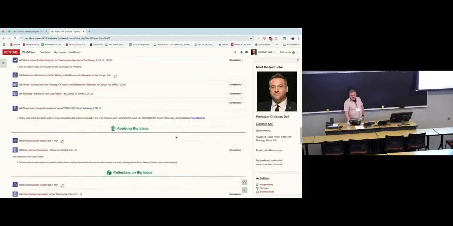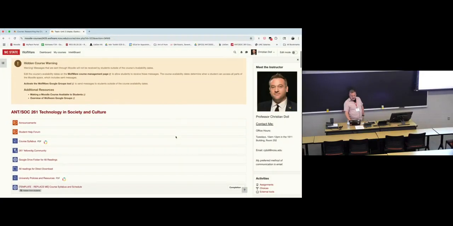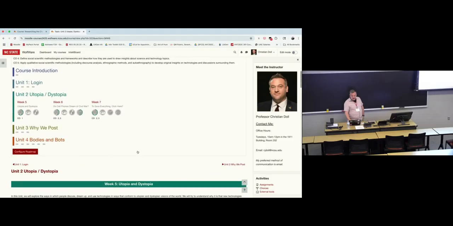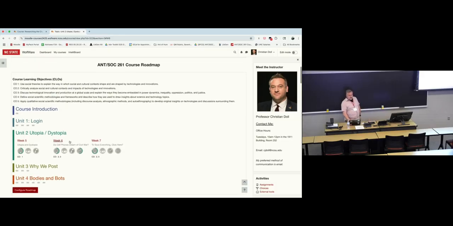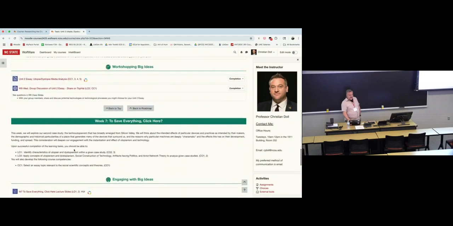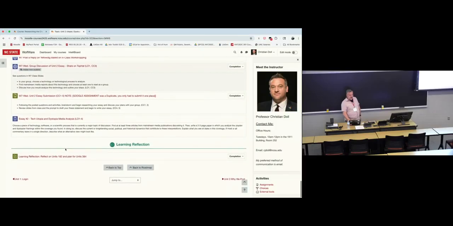So that's generally what the class looked like. It was pretty smooth. The thing I would change is I would try to figure out a way to have the unit assignments pop up in their own section as well, in addition to being on the roadmap, because the only tough thing about the roadmap is that if you want to go to a specific part of it, it sometimes is hard to navigate to a specific activity under a thing.